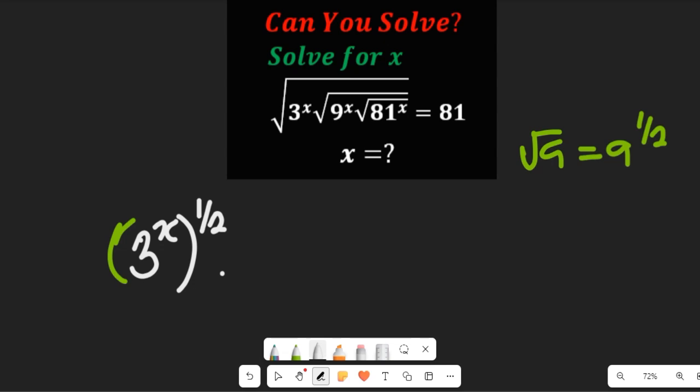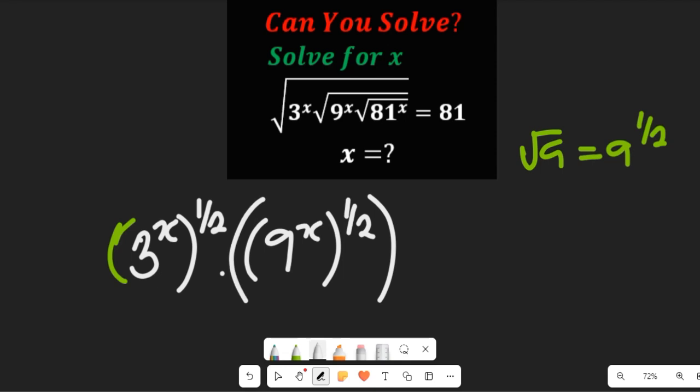Now, consider the other square root, which is the square root of 9x. The square root of 9x has two square roots, so we're going to assign it two exponents. We'll have 9x multiplied by 1 divided by 2 and multiplied by another 1 divided by 2. Great.